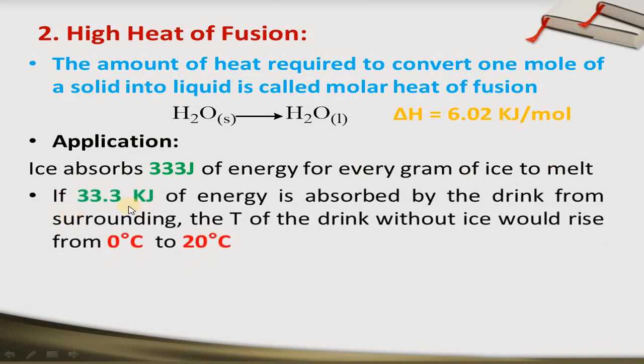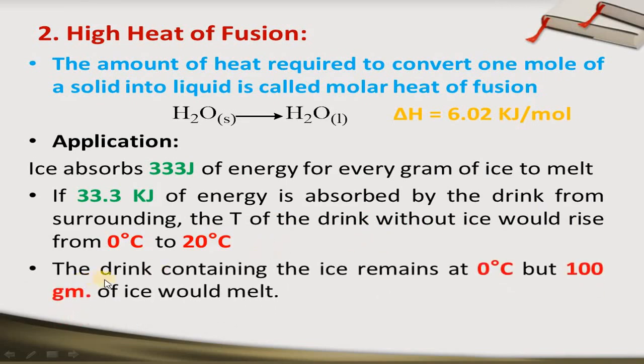If 33.3 kilojoule of energy is absorbed by the drink from the surroundings, the temperature of the drink without ice would rise from 0 degrees Celsius to 20 degrees Celsius. This is without ice. But if we have ice in the drink, what happens? The drink containing the ice remains at 0 degrees Celsius, but 100 gram of ice would melt.